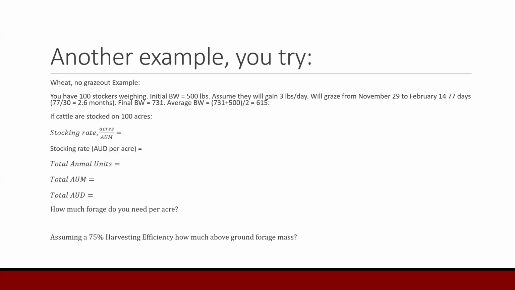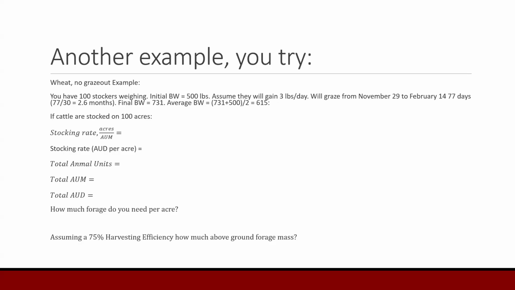So 77 days times 0.615, or 61.5, is 4,735.5. Divide that by 100, which is 47.35. Our total animal unit months, or animal units that we have here, 100 head, that's 61.5, right?